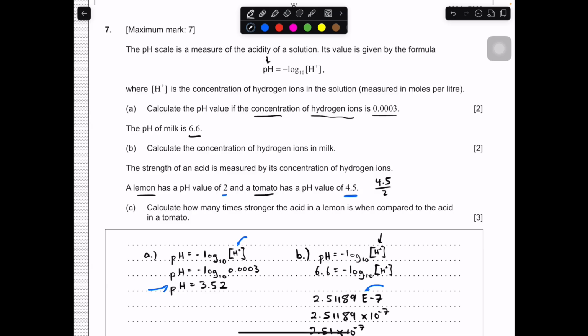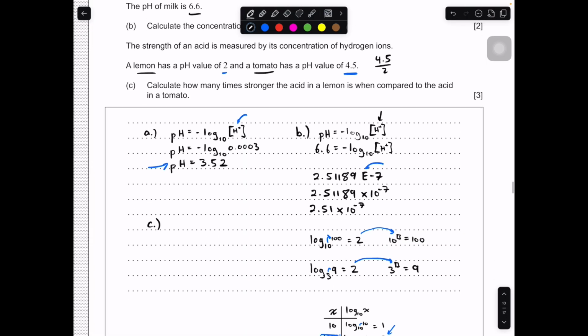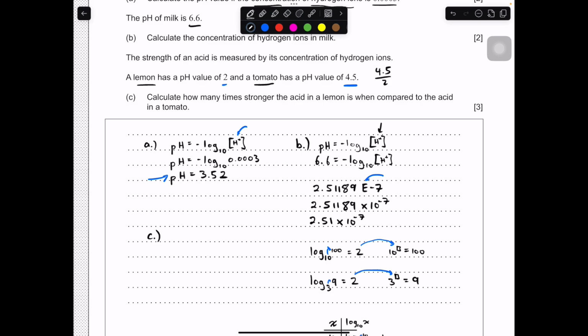But we don't know how many times as much the concentration of hydrogen ions is. So we're going to need to find the concentration of hydrogen ions for both of these and then compare that. So I hope that wasn't too long-winded. Let's go ahead and find out. So pH is equal to negative log base 10 of H plus.